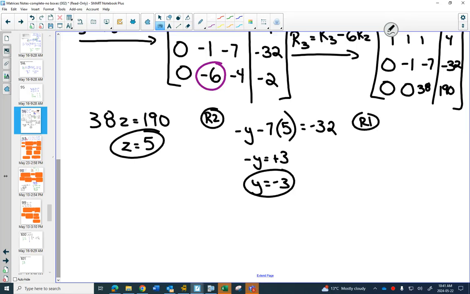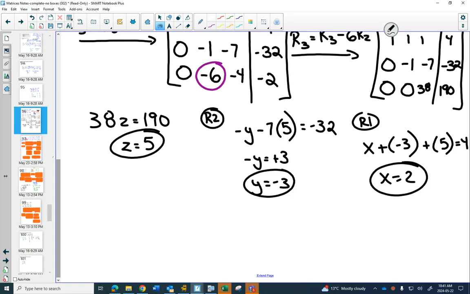And finally, I can look at row 1, which means 1x plus 1y plus 1z has to equal 4. And I can solve that x is equal to 2.